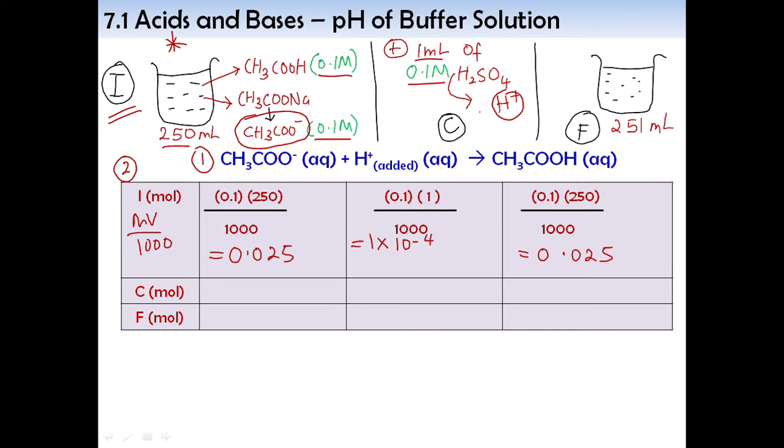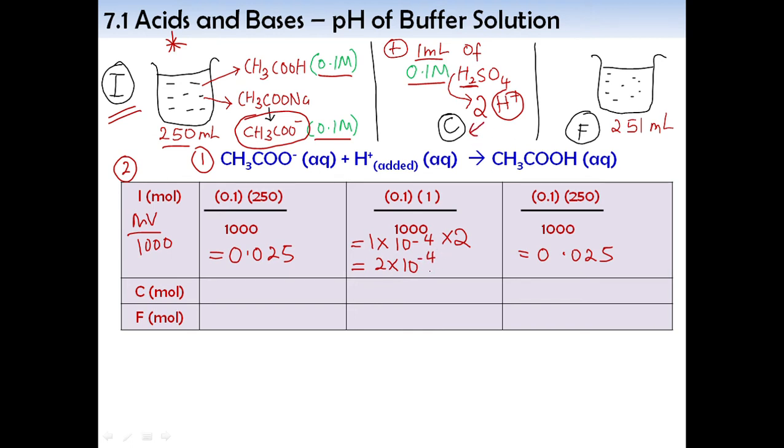But for H2SO4 nampak tak dia ada H2? Means H2SO4 akan supply 2 mol of H+. Jadi untuk awak kira mol, you have to times with 2. So final mol ataupun overall mol for H plus added is 2 times 10 to the power of negative 4. Jadi kita tahu ini adalah change.